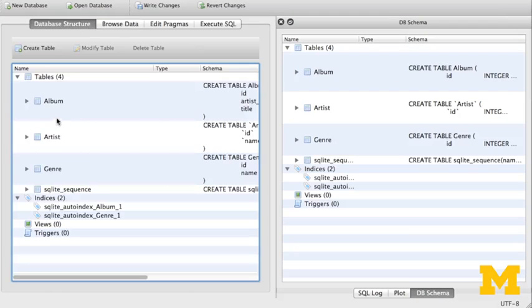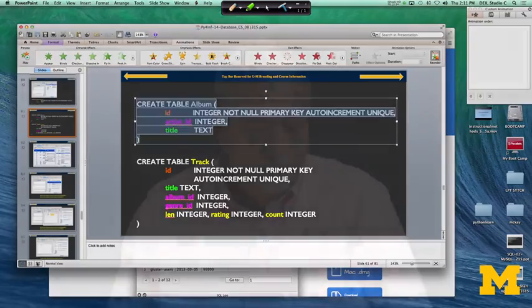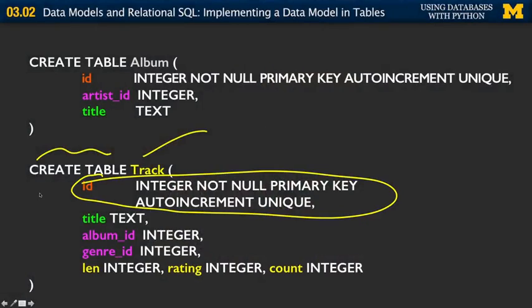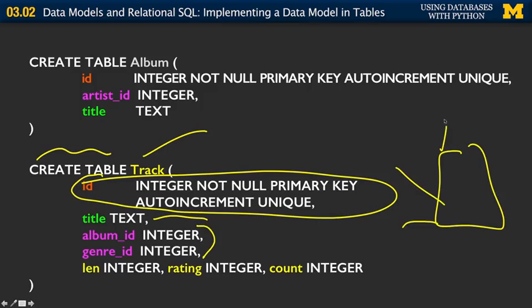Database structure, now we've got genre, and let's look at the last one. Okay, the last one is the track. Create table, the name of the table. We've got this sort of thing that by now we're cutting and pasting a bunch of times. We have a primary key, we have a logical key, which just happens to be text, and then we have two foreign keys, because if you remember, there were two arrows coming out of track, to album and to genre. So album underscore ID, genre underscore ID.